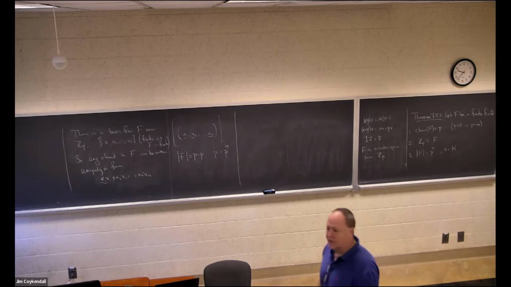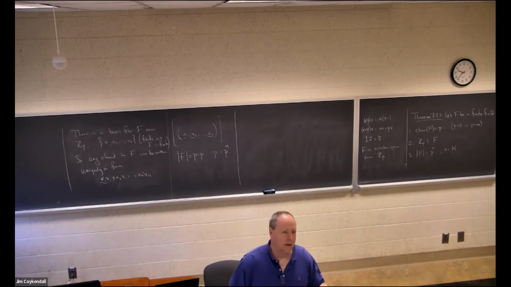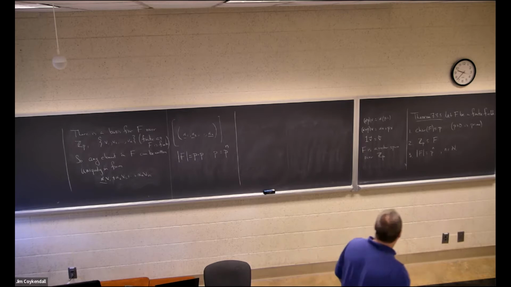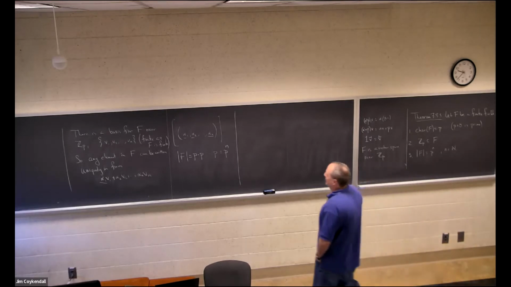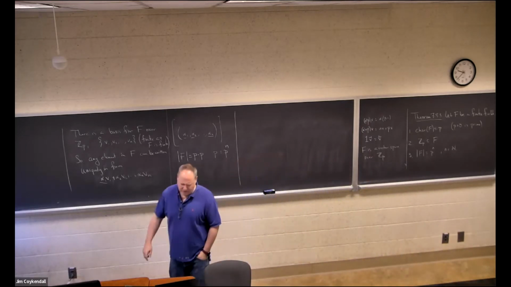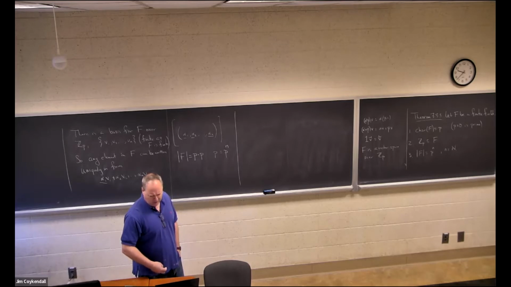We know it's a field because it's a finite ring, and every non-zero element is a unit. But probably what you haven't seen is a finite field for higher powers. For example, I did say that there's a field of 4 elements, and I'm going to show that to you. Let me give you this theorem, and then we'll build some of these things.